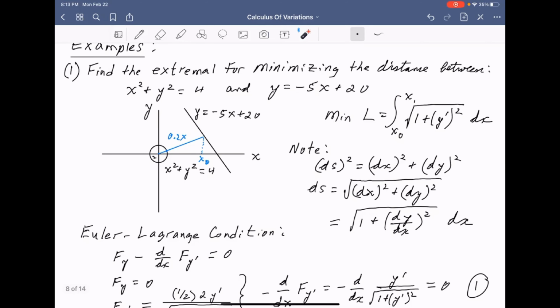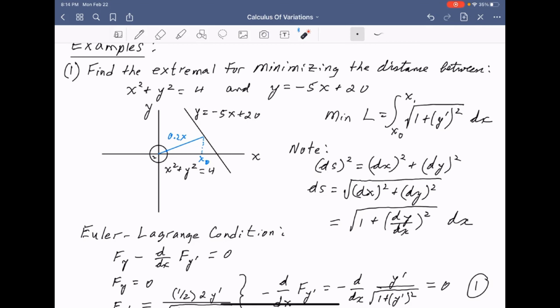We're first going to find the extremal for minimizing the distance between two functions: x squared plus y squared equals 4, which is the circle here with a radius of 2, and this line, y equals minus 5x plus 20. We want to find the shortest distance from a point on this circle to any point on this line.